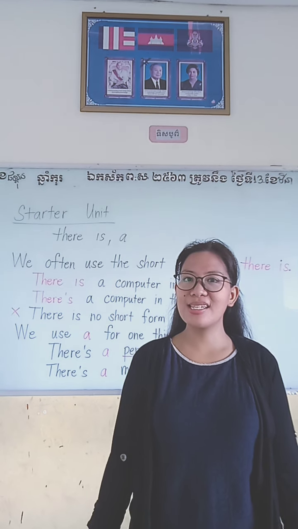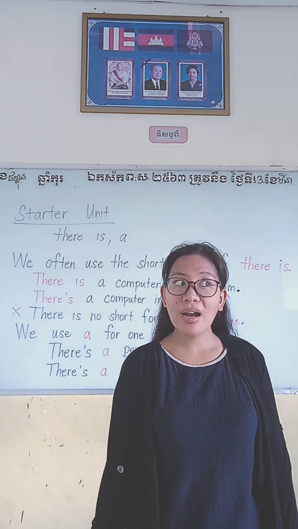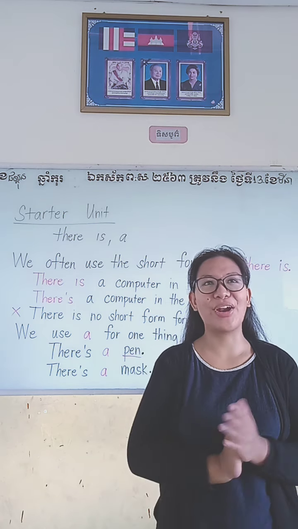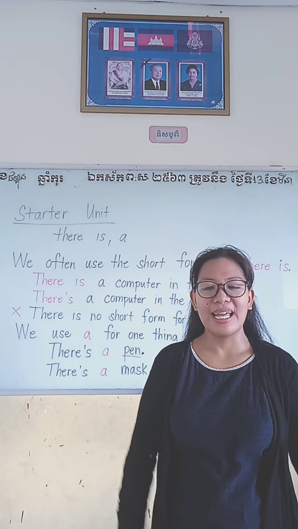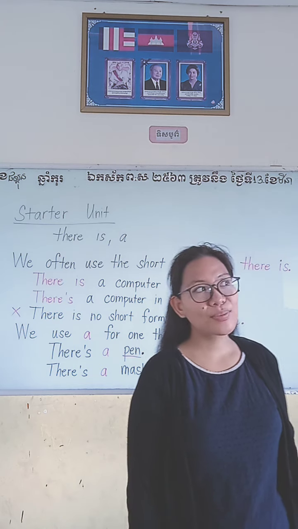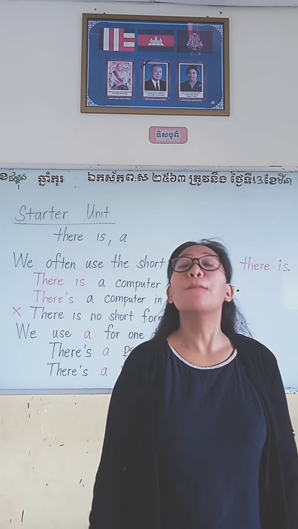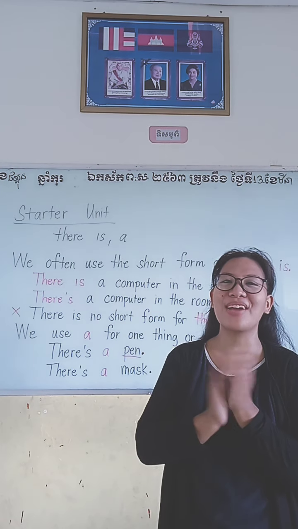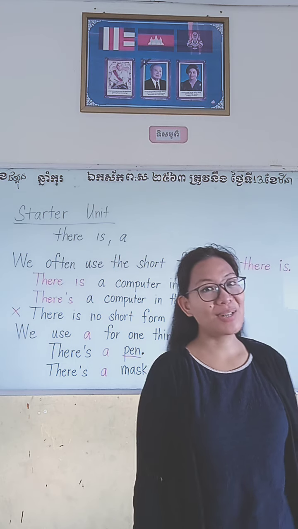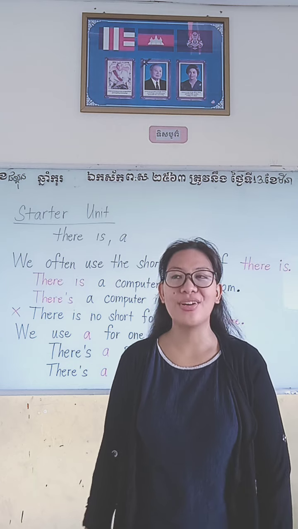So there is, we need to know that we are going to use there is for singular nouns. Very good. Next, there are, we're going to use it for plural nouns. Very good. And we also studied how to use some and a lot of.